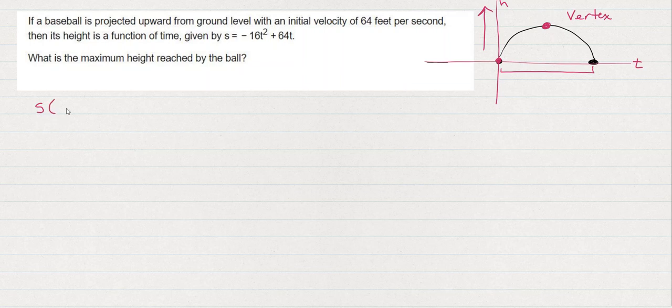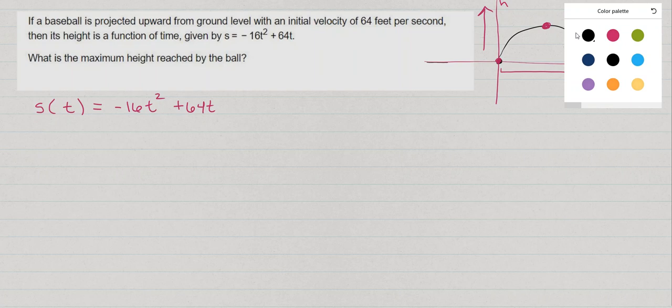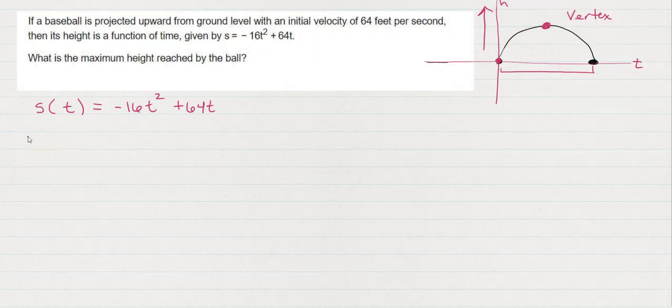Now I'm going to rewrite this in function form. So we have s of t equals negative 16t squared plus 64t. And if I wanted to find the vertex, I have a handy vertex formula. I could use this formula to find the t value of the vertex.